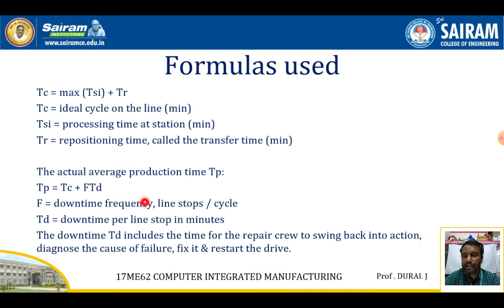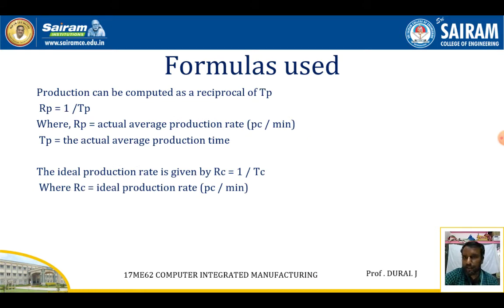The next formula is the actual average production time TP is equal to TC plus F TD. TC is the cycle time, F is the downtime frequency, and TD is the downtime per line stop, in minutes. Then the production rate can be computed as the reciprocal of TP.